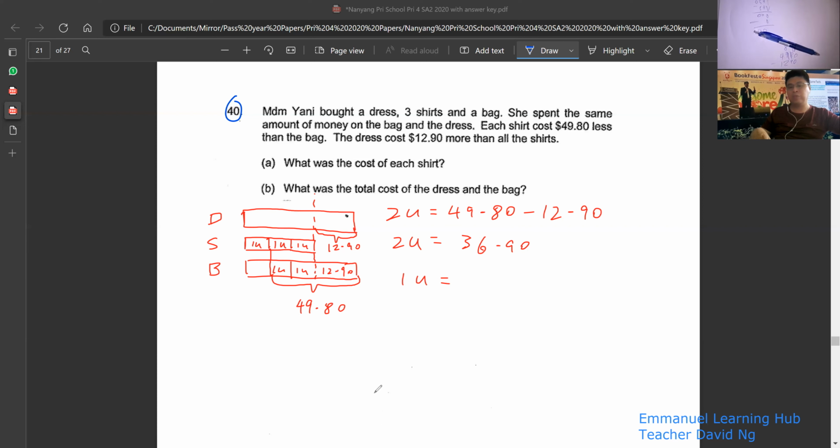What number divided by 2 gives you 1 unit? What do you mean? You said divide by 2, but what divided by 2? 36.90. 36.90 divided by 2. What's the answer?